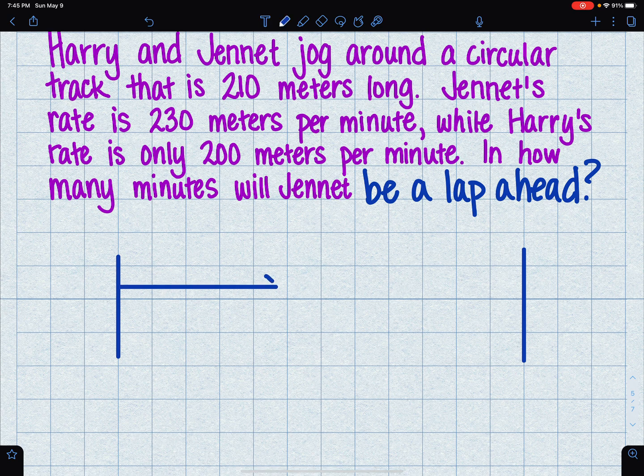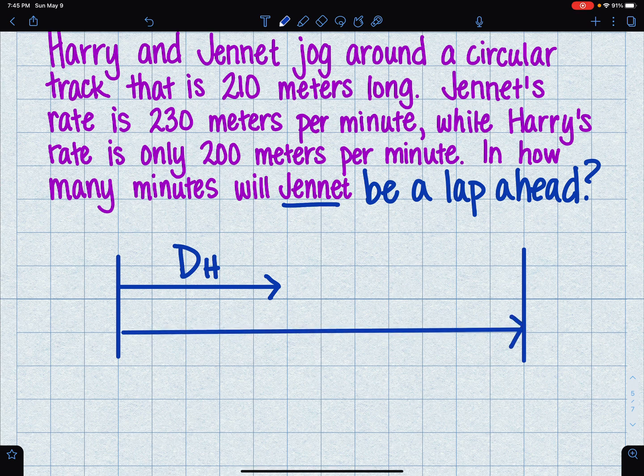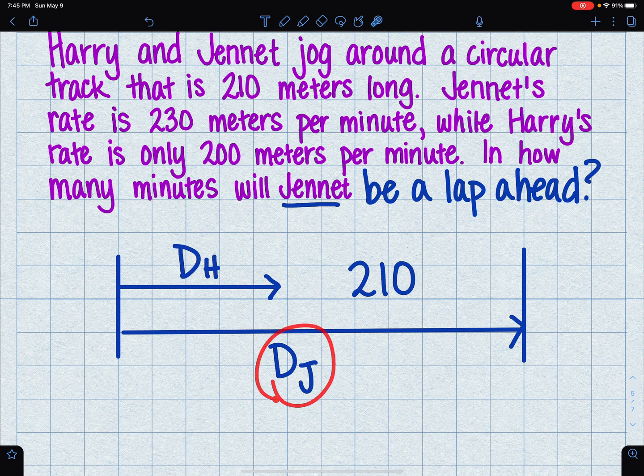Harry's going to go some distance. And Jeanette is going to be further because she's going to be a whole lap ahead. And how far is a lap? A whole lap is 210. So this is the distance Jeanette went. This is the distance Harry went. And Jeanette is going to be a lap ahead. So one whole lap is 210. This is the lap ahead.